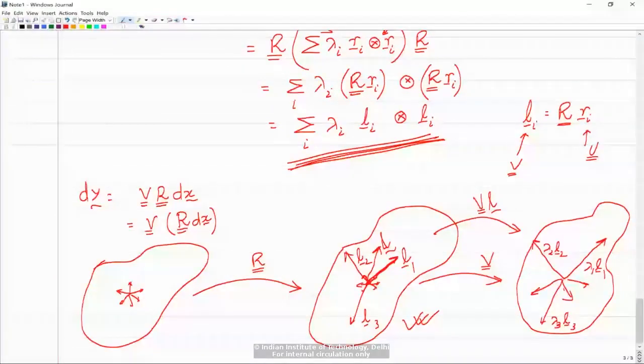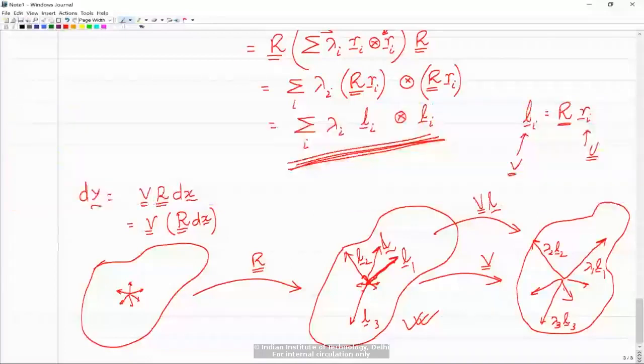So Sanchita is asking, is there any physical difference between U and V? So the decomposition is RU and VR. The U part acts directly on the reference configuration, whereas V is acting on the intermediate configuration.